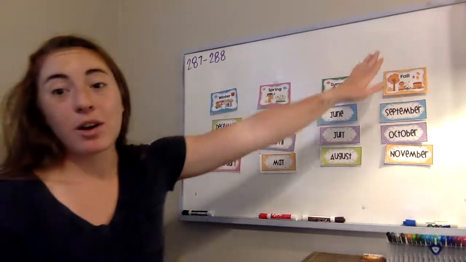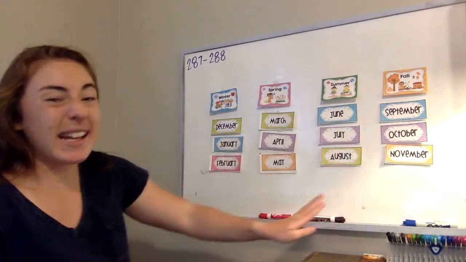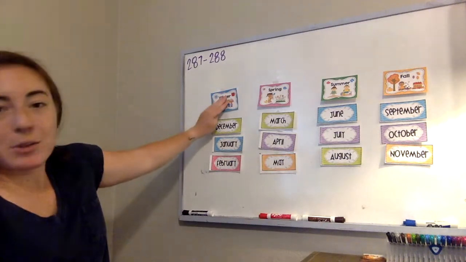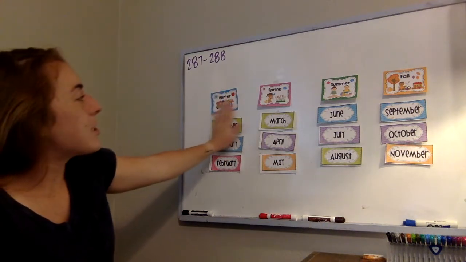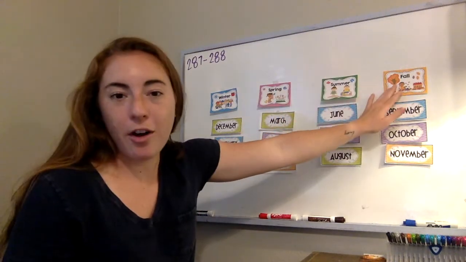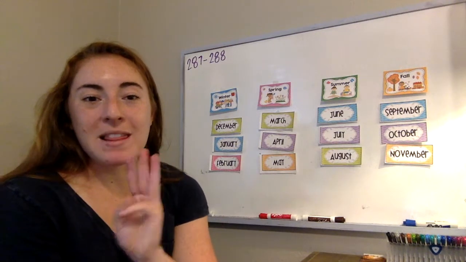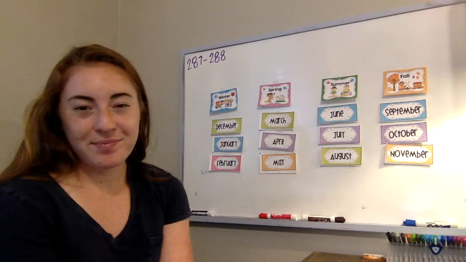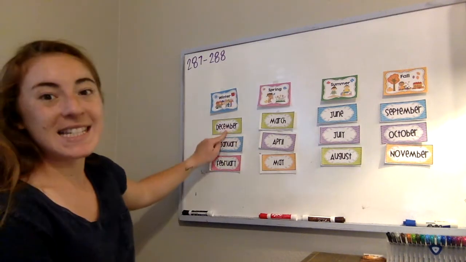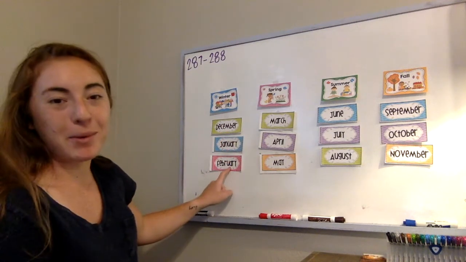And then once fall is over in November, it goes all the way back and it gets really cold and we go back to winter. And we go from winter to spring, spring to summer, summer to fall. What are the 3 months of winter? December, January, February.